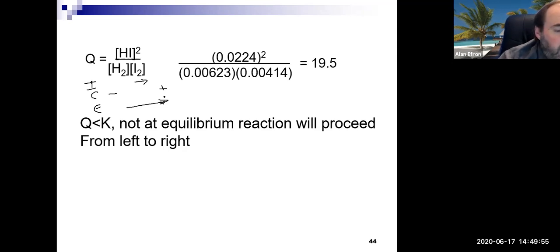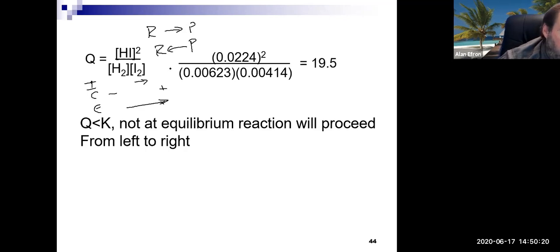The purpose of doing Q right now is to further convince yourself that this reaction is heading towards the product side. We actually haven't done the problem itself. This is just to confirm the fact that this reaction is proceeding from reactants to products, as opposed to if we found the other way, it would tell us it needs to go this way, right?